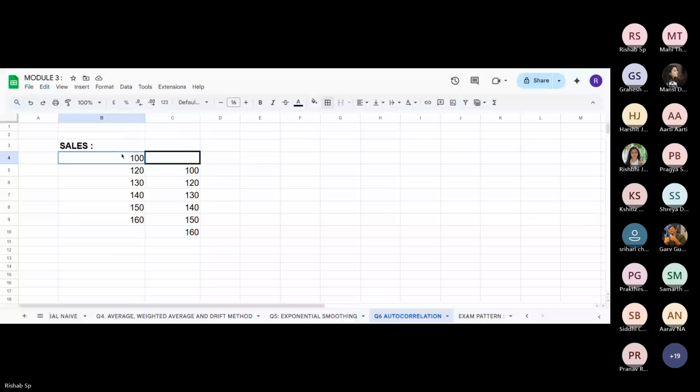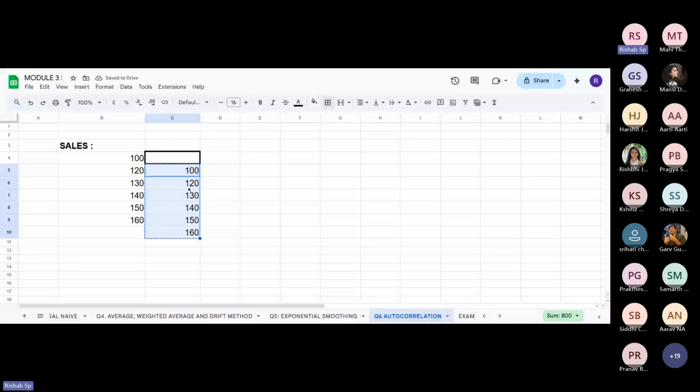We have the same data, we paste it down here. This one gap we give here is the lag. In this data, we have a lag of 1. Once I paste this one more step down, we have 2 lags.